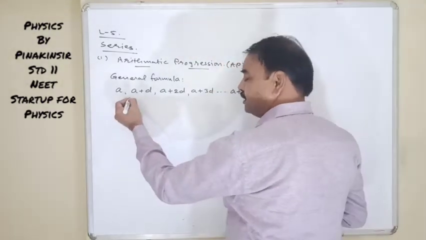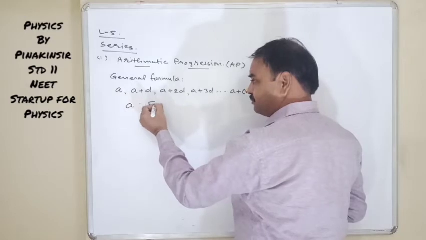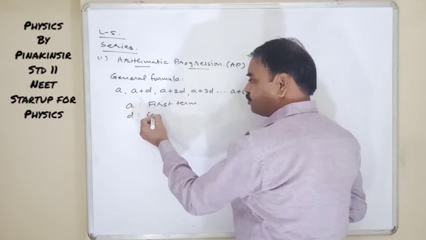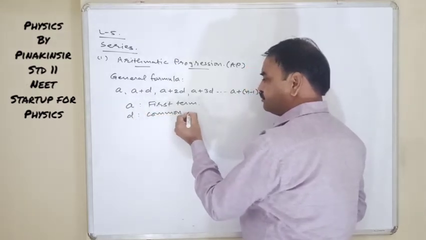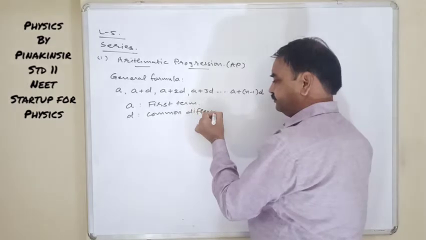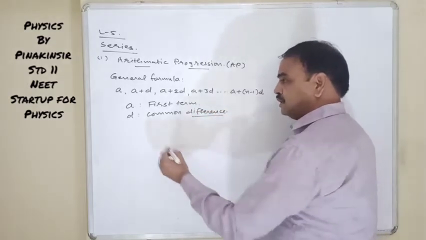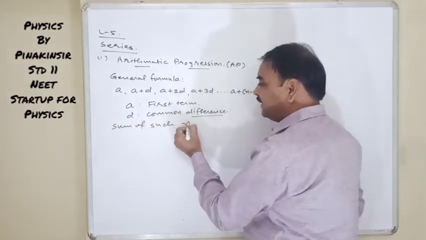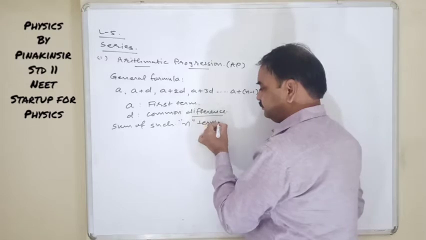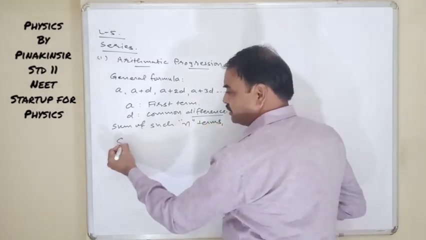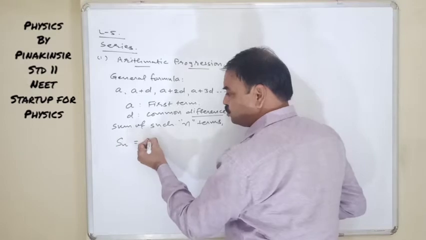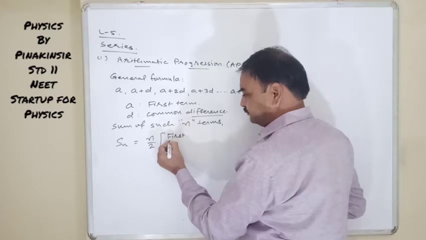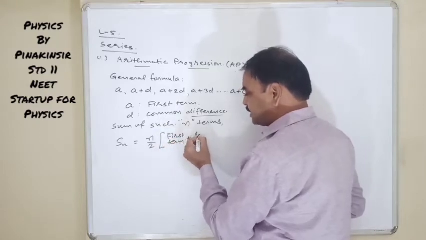And the summation here, say A is first term and D is common difference between two successive terms. Sum of such n terms is given by, that is summation Sn is equal to n by 2 into bracket first term plus last term.